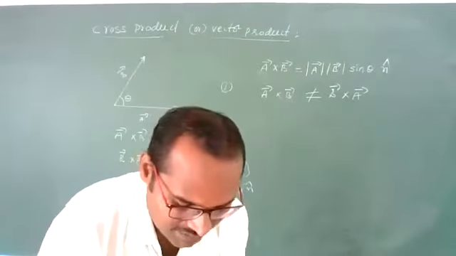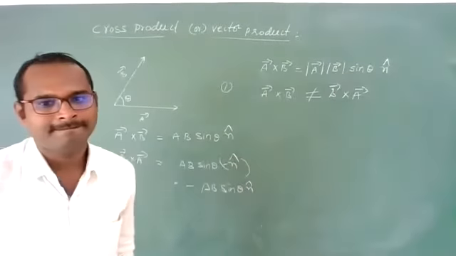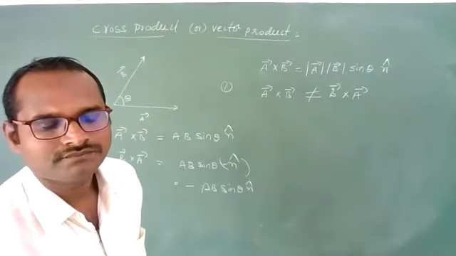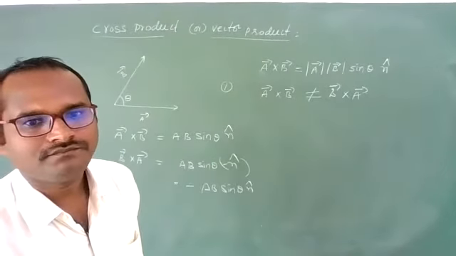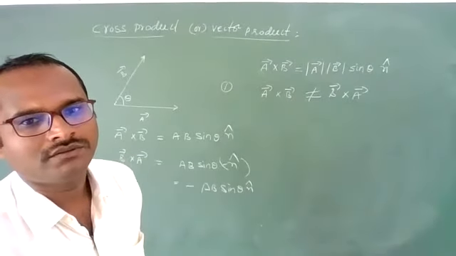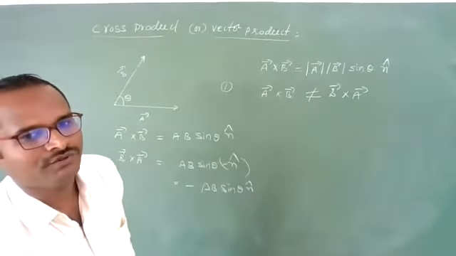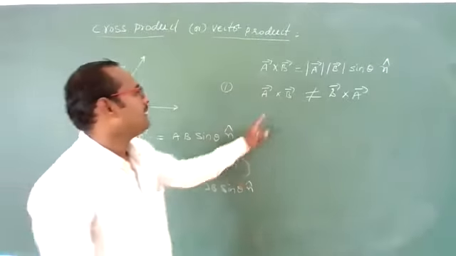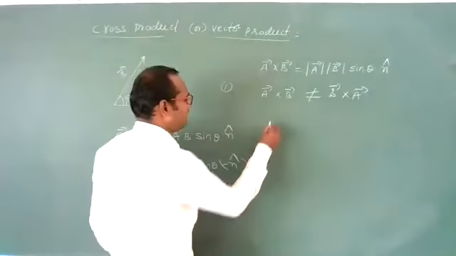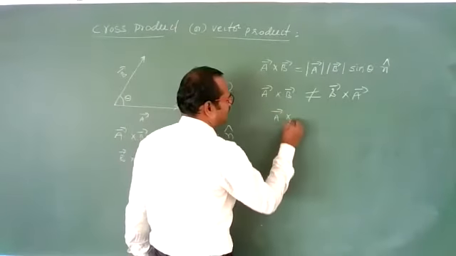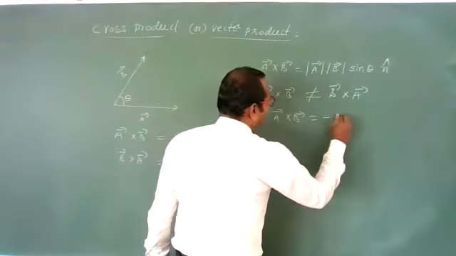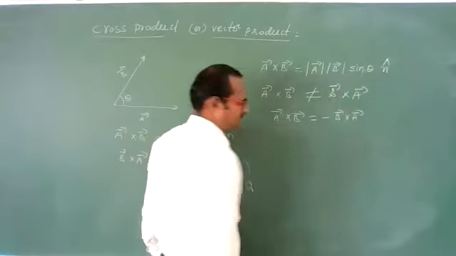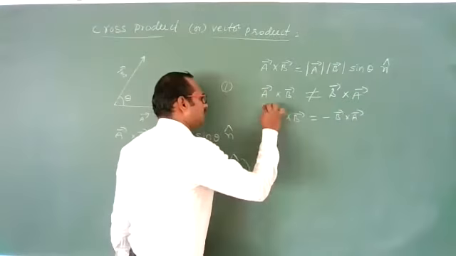It means the cross product does not obey the commutative law. You can write A bar cross B bar is equal to minus of B bar cross A bar, but you can't write A cross B is equal to B cross A. This is correct. You should remember this.